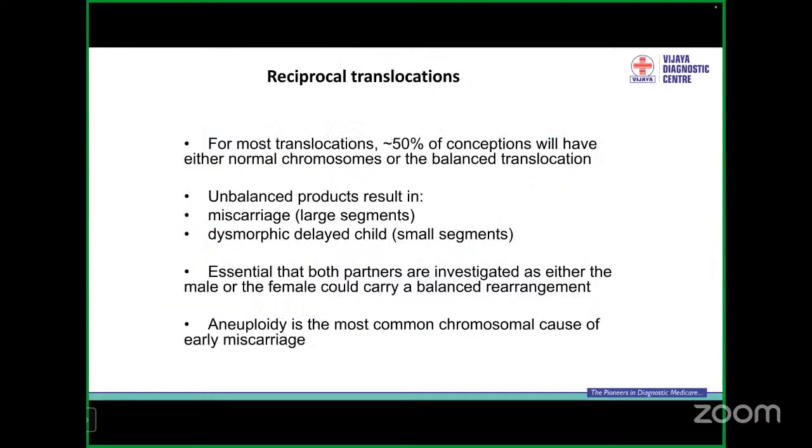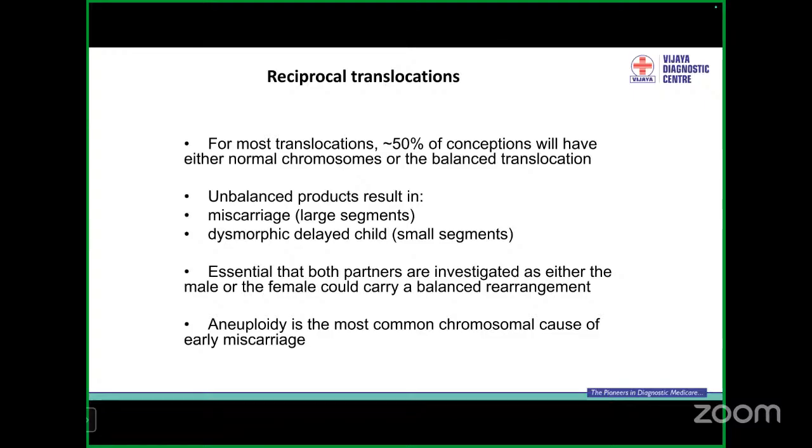If there is a reciprocal translocation in either of the couple, then they have around a 50% risk of having abnormal gametes, resulting in either an abortion or the birth of a child with congenital malformation. So these are the possible outcomes.